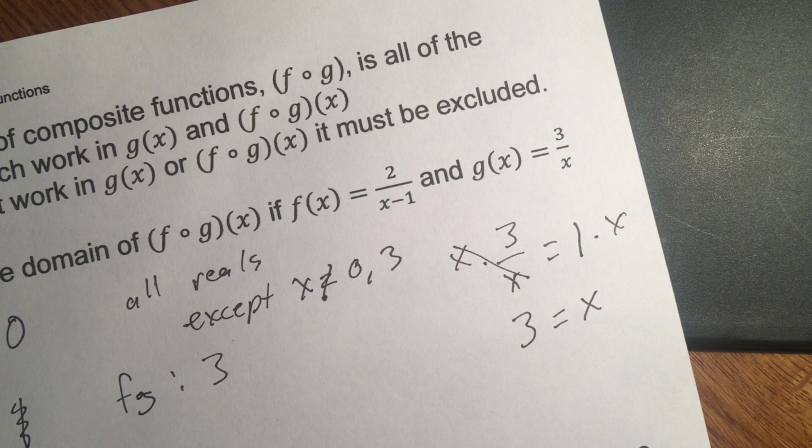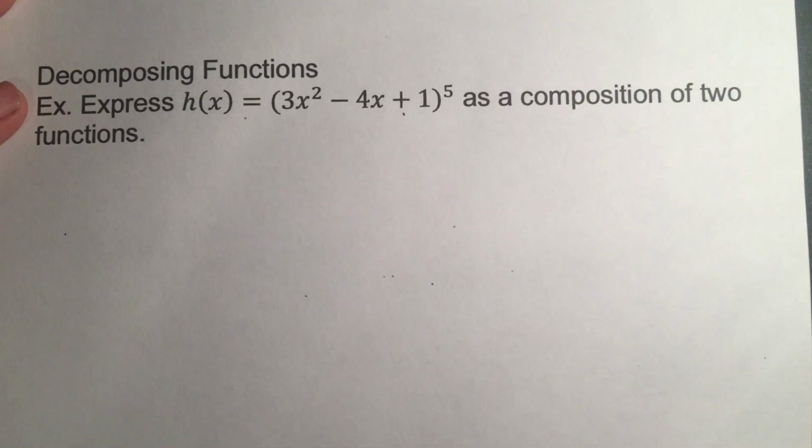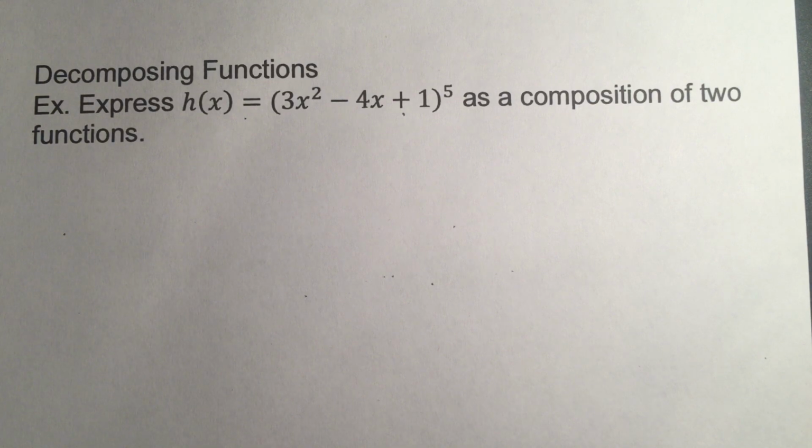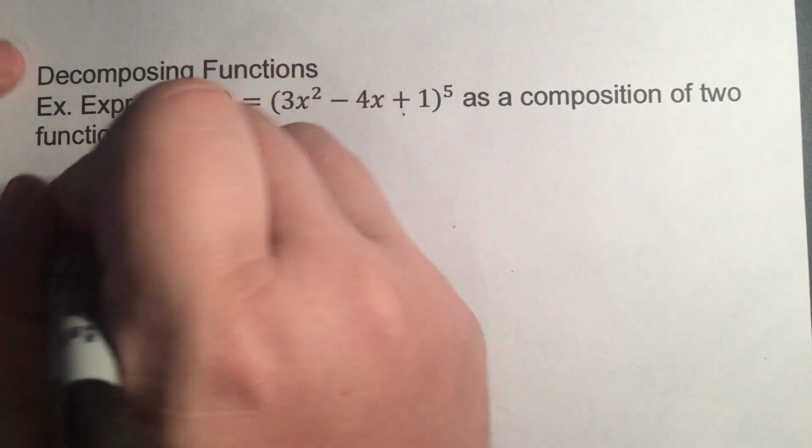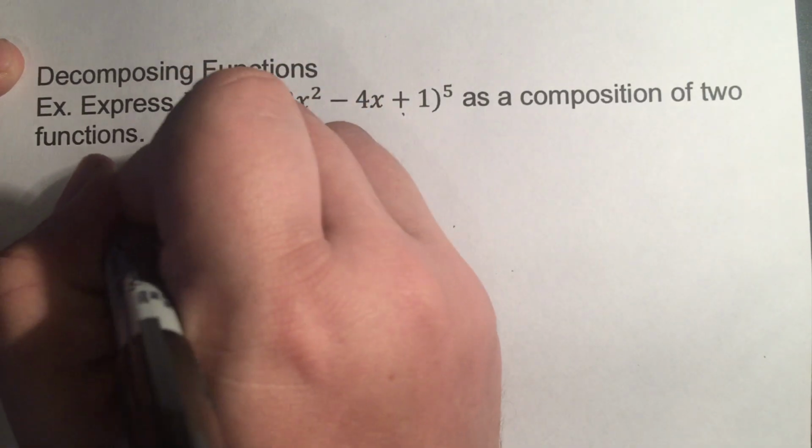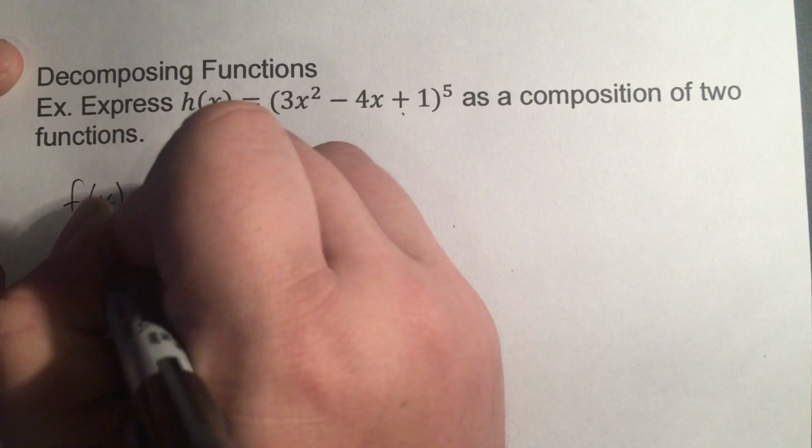Now, as far as decomposing functions: in composition, we're putting them together. When we decompose it, we're pulling it back apart. So in this case, what are the two different functions that we're going to break this up into? Well, let's do an f of x and a g of x.